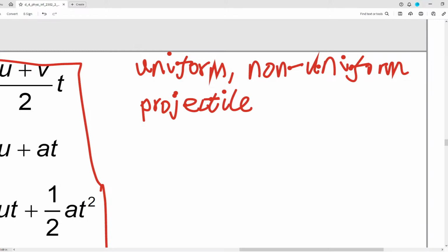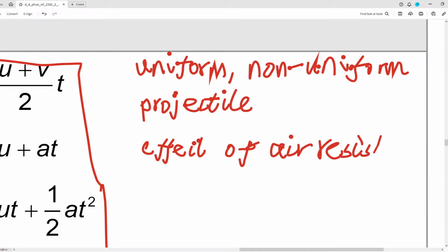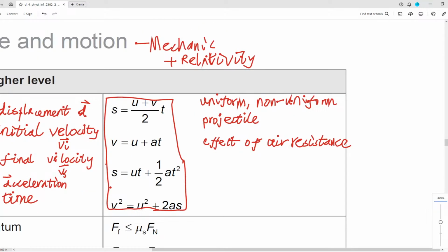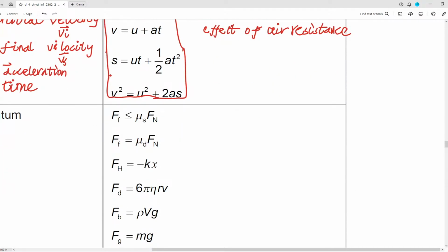Okay, but in any fluid, so you need to know the effect of air resistance. No, missed. Okay.